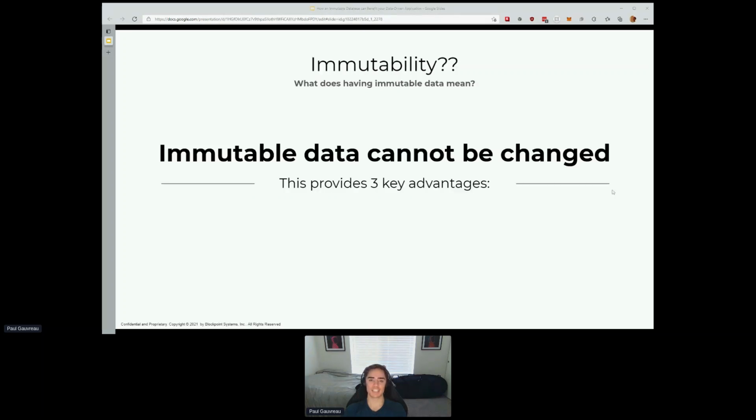So the first thing is immutability, right? What is it? What does immutability mean? And what does having immutable data mean for your application? Immutability is a fancy word for your data can't be changed, right? And that provides 3 key advantages that we're going to go over. The first advantage is security.